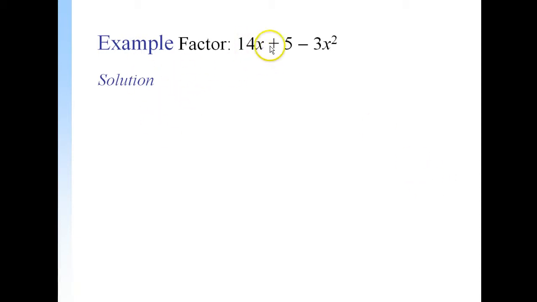Now here's another one. Step 1, is it in standard form? Nope. So let's put it in standard form. Negative 3x squared plus 14x plus 5. Now, often we do not want to have a negative as our first term.